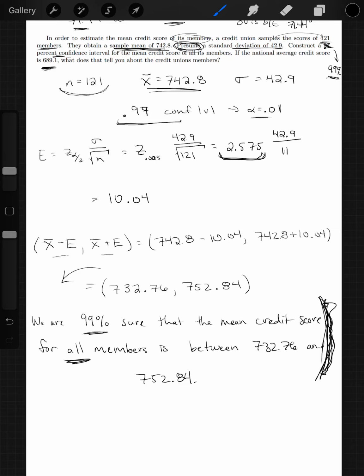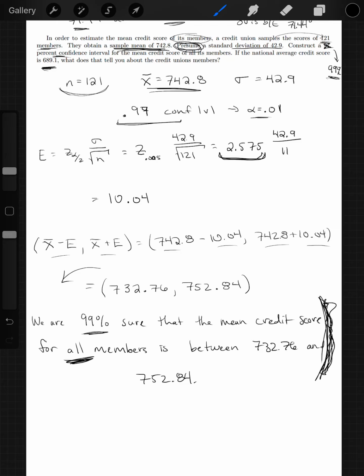We plugged that into the next formula, mu minus E, mu plus E, and got this interval, which tells us that we are 99% sure that the mean credit score for all members of this credit union is between 732.76 and 752.84.